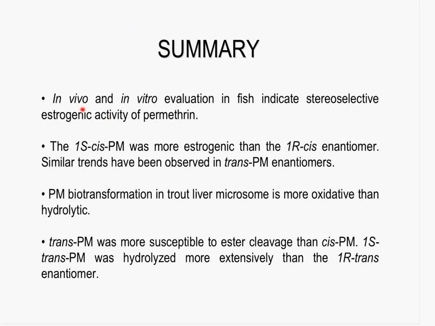In vivo, we do see activity with pyrethroids that indicates they are active in terms of estrogenic activity. The 1S-cis is the more estrogenic. We also see biotransformation in trout microsomes, which leads to these oxidative metabolites, which tend to be the more estrogenic.